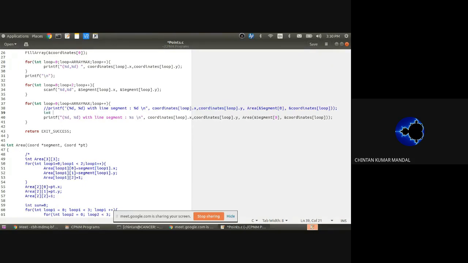So say int area, area equals to, ঠিক আছে?